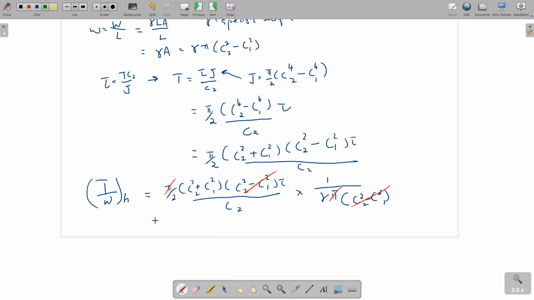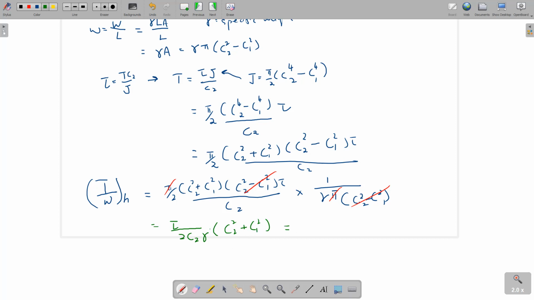Then I end up having tau divided by 2 gamma, then C sub 2 square plus C sub 1 square over C sub 2.